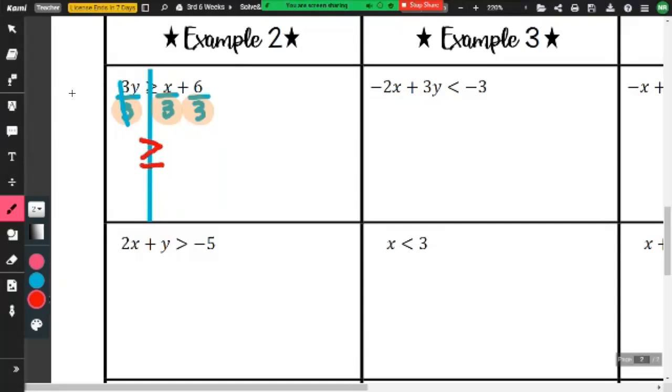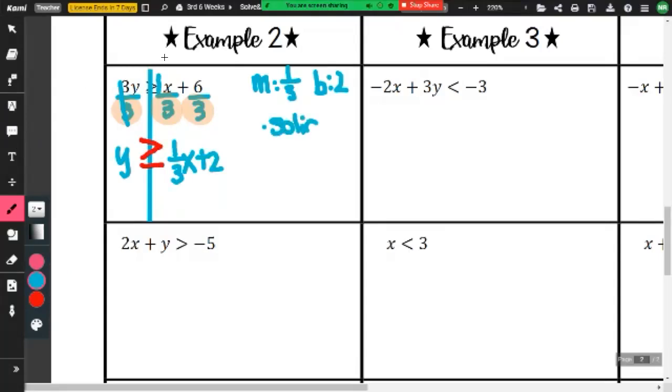You're left with y, but notice you have a 1 over next to this x. So 1 divided by 3 stays as 1/3 and 6 divided by 3 is 2. My slope is 1/3. My y-intercept is 2. It is underlined, so it's going to be a solid line, and we are going to shade above.